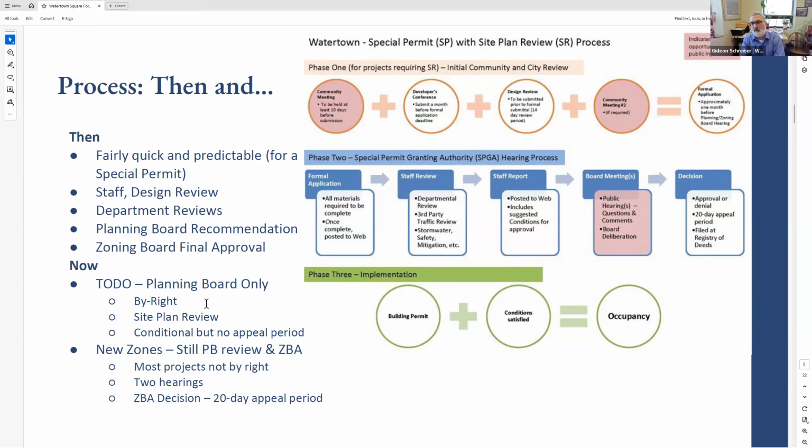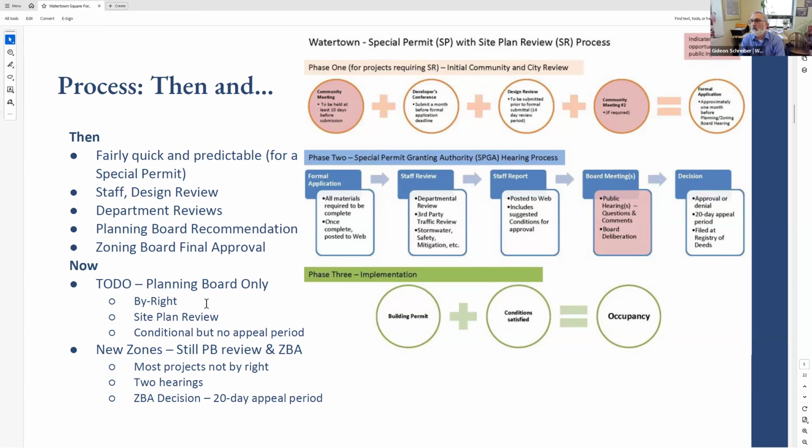Thinking about our new zoning, we wanted to look at options, and we also had to look at the MBTA. So we created this transit-oriented development overlay, which is a by right area. And then we also created these new zones, which have a planning board review and a zoning board approval still, which we didn't take away, so as not to create that controversy.